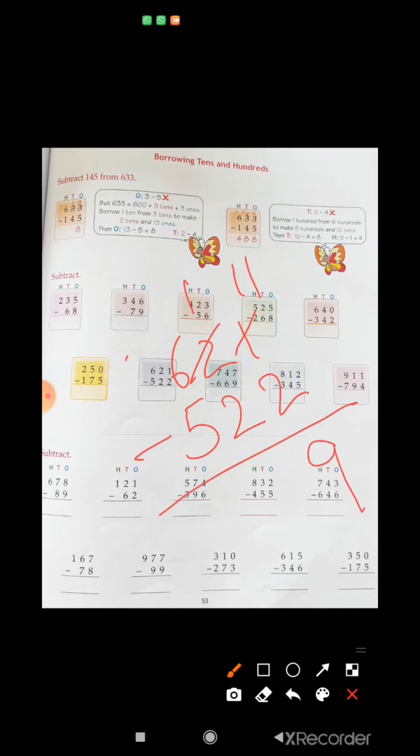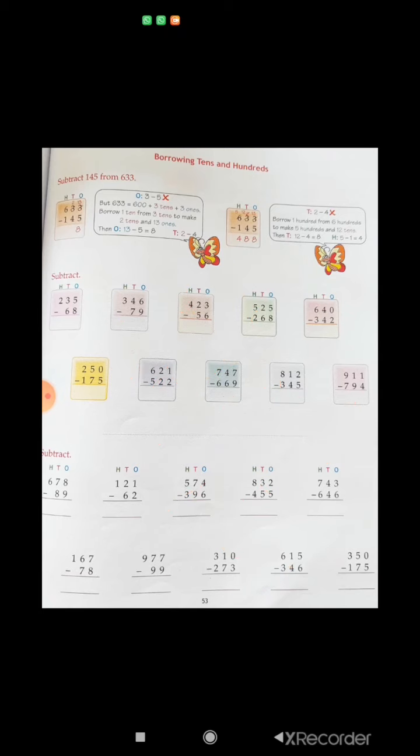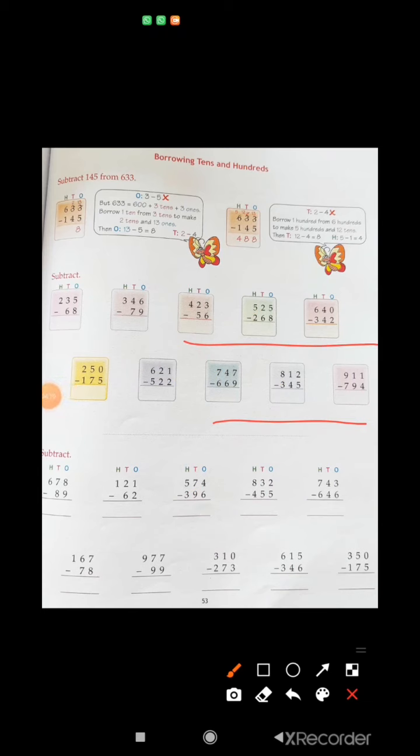Now subtract the tens. Here 1 is less than 2. Take borrow from 6. Here will be 11 and here 5. 11 minus 2 is 9. Now subtract the hundreds. 5 minus 5 is 0. The answer is 99. Like this you do rest of the part in homework.